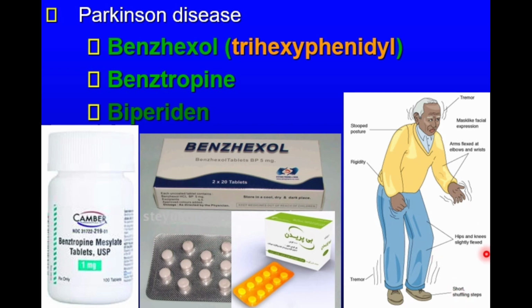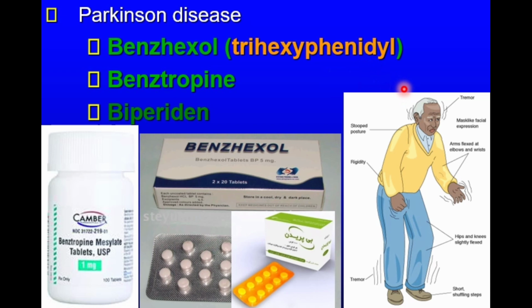Drugs which have more penetration into the CNS, like benzhexol and benztropine, are used to control tremor and excessive salivation in Parkinson's disease. Another name for benzhexol is trihexyphenidyl. Both are generic names.